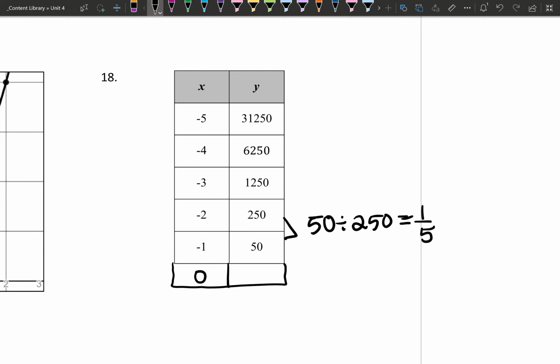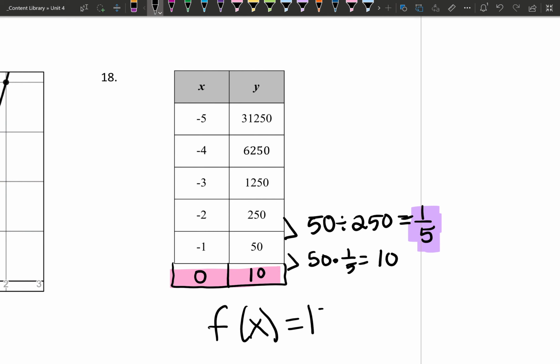Yeah, it's 1/5. Perfect. So in order to find the next number, we're going to do 50 times 1/5, which is 10. We have the starting point, the y-intercept, and we have our pattern. Let's write our function. F of x equals 10 times 1/5 to the power of x.